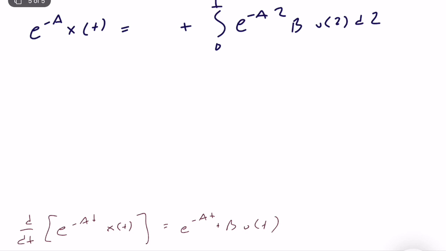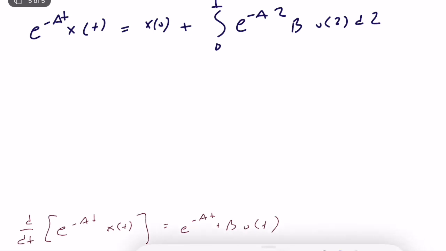It's kind of nice, right? And we have an initial condition: when t is equal to 0, this becomes x0, so we have x0 here. That's great.